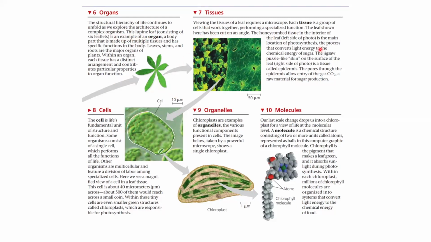Within organs, we're just further zooming in, we have tissues, where viewing the tissues of a leaf requires a microscope. Each tissue is a group of cells that work together. So essentially, in a nutshell, a tissue is one single type of cell that works together to perform a specialized function.